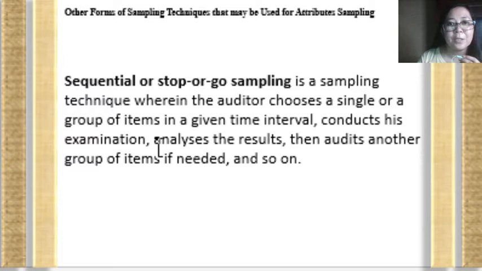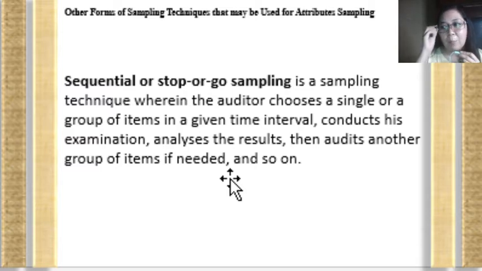For the first technique, the auditor can use sequential or stop or go sampling. This is a technique where the auditor will choose a single item or a group of items in a given time interval, conduct the examination, analyze the result, and then audit another group of items if needed, and so on.